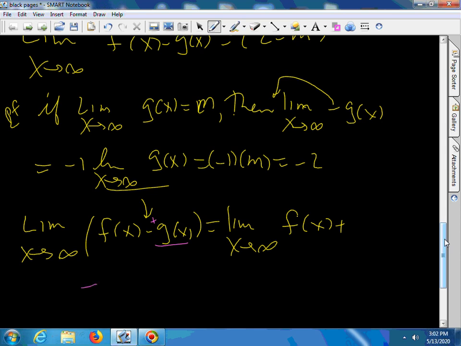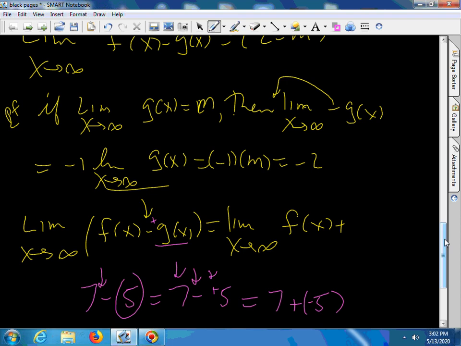In other words, if you have 7 minus 5, this is 7 minus plus 5, because there is no sign by the 5. That is a subtraction sign. You can change the operation from subtraction to addition as long as you change the sign of the second number. And that's just what I'm doing.